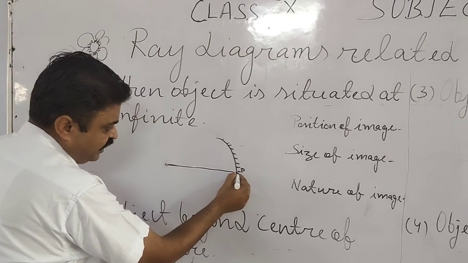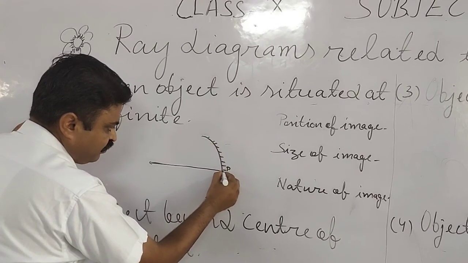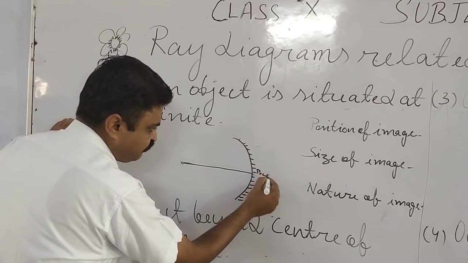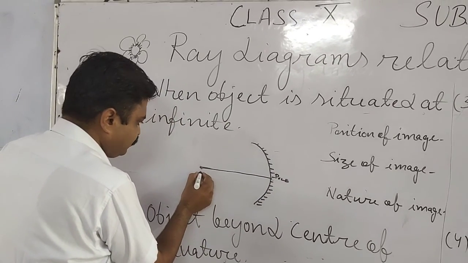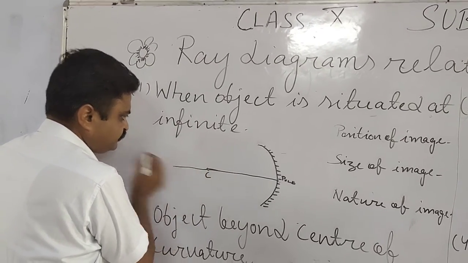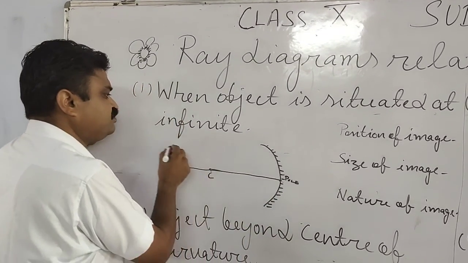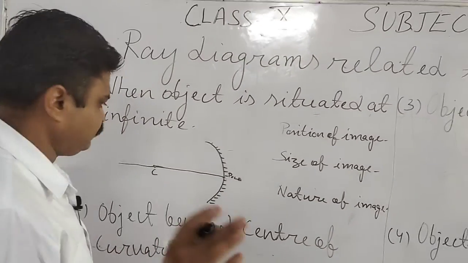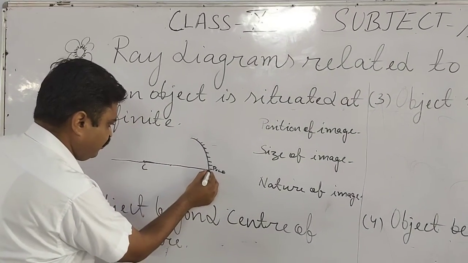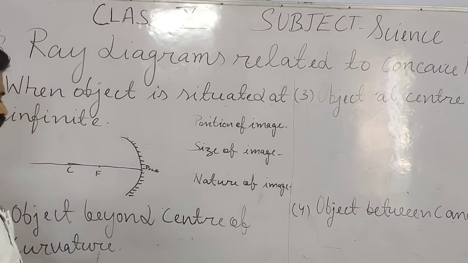The point where the line meets the mirror is known as the pole. So this is the pole and this is the center of curvature. In this, the object is situated at infinity, students, and the midpoint of the pole and center of curvature is known as the focus, the principal focus.